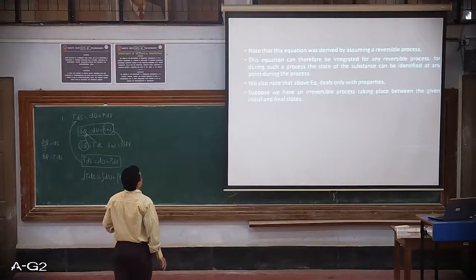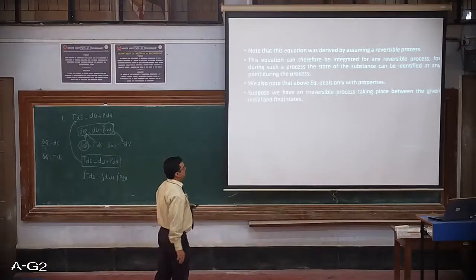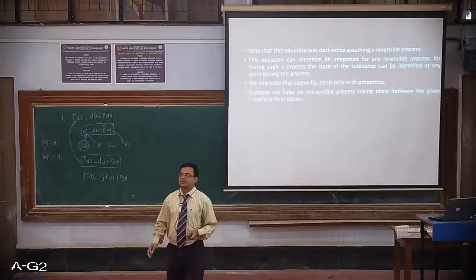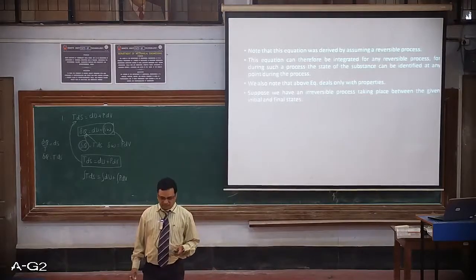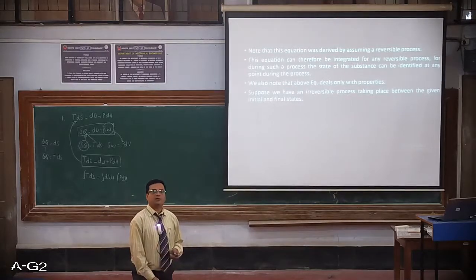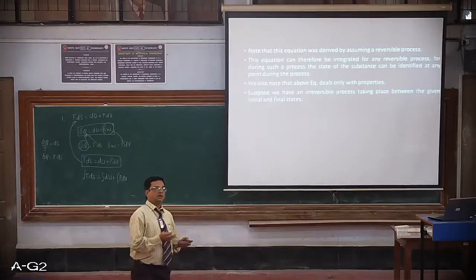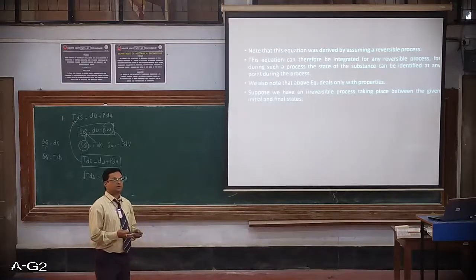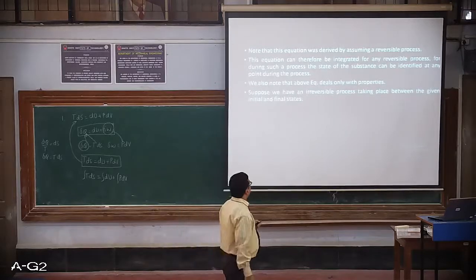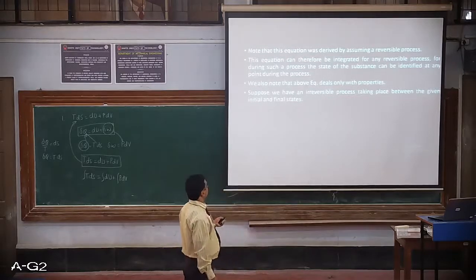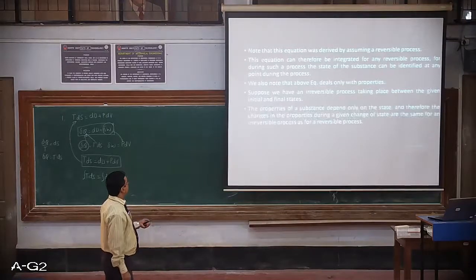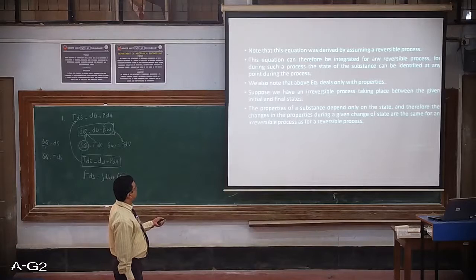Next, suppose we have an irreversible process taking place between the given initial and final states. So can we use this integration? That's the question. In the case of the energy equation or the entropy equation, where delta Q and delta W, which are path functions and not properties of a system, were involved, it's difficult to use them for the irreversible process. But since you have converted all that into properties, now you can see that the properties of a substance depend only on the state.